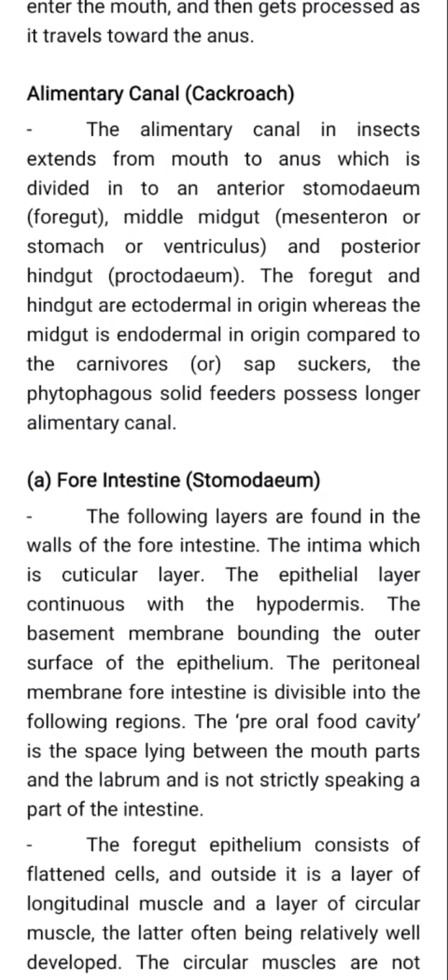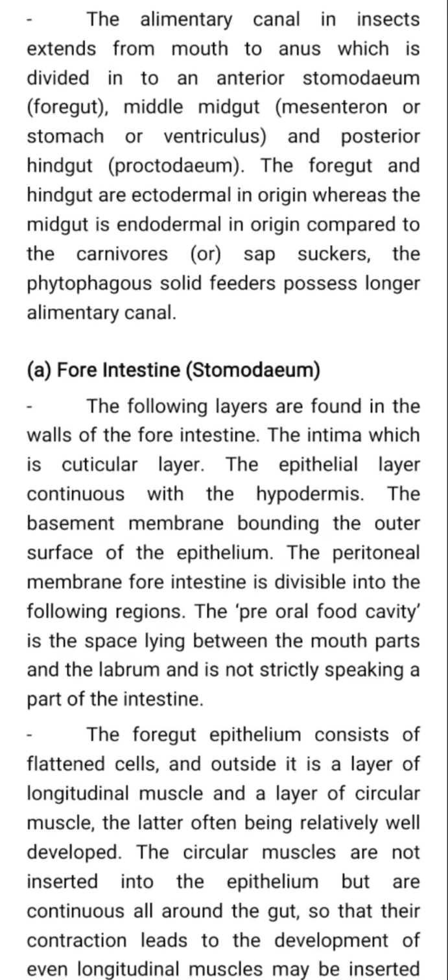The intima, which is the cuticular layer. The epithelial layer continues with the hypodermis. The basement membrane bounding the outer surface of the epithelium. The peritoneal membrane. The foreintestine is divided into the following regions.